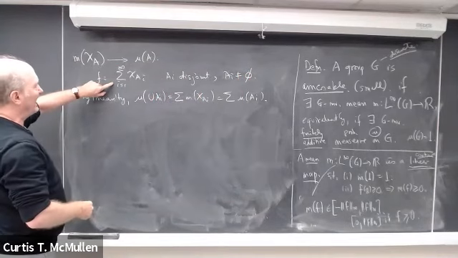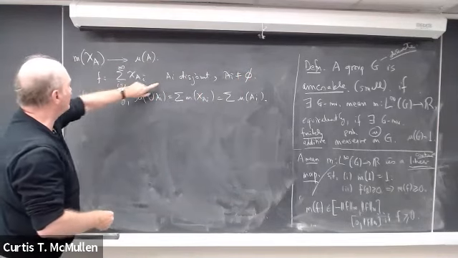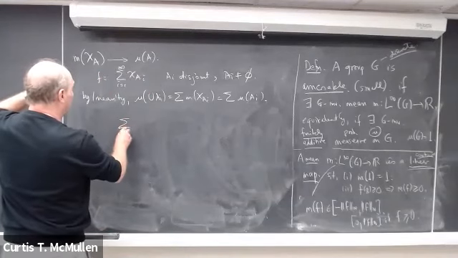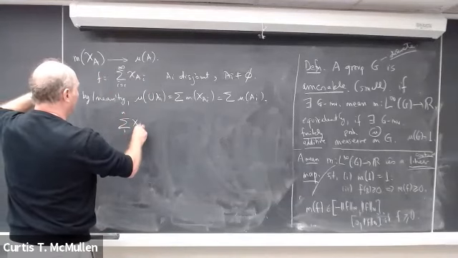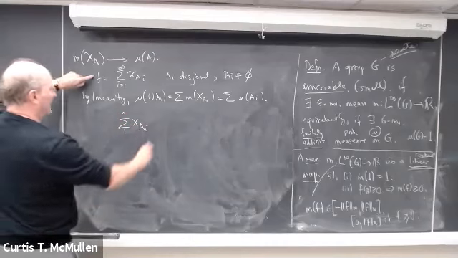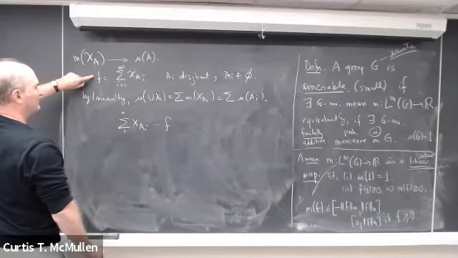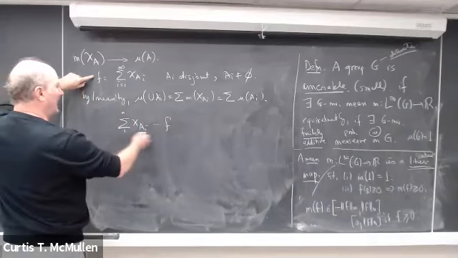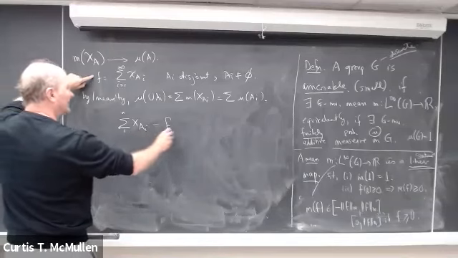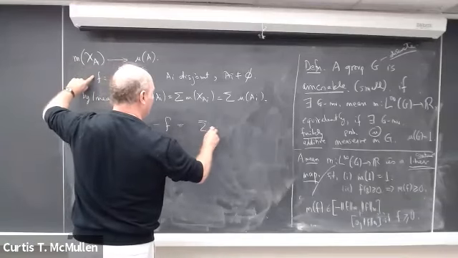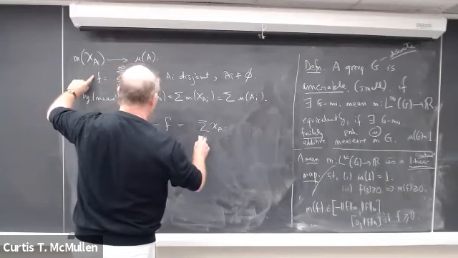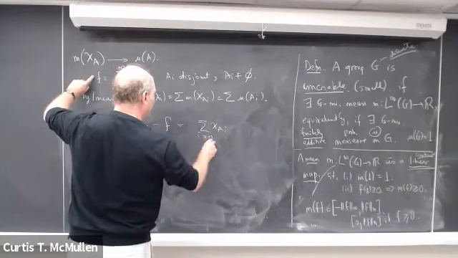If these A_i were all non-empty, and we took the partial sum from 1 to n of the indicator functions of A_i, and then we subtract off f, we would just get the sum of the indicator functions of the A_i for i greater than n.